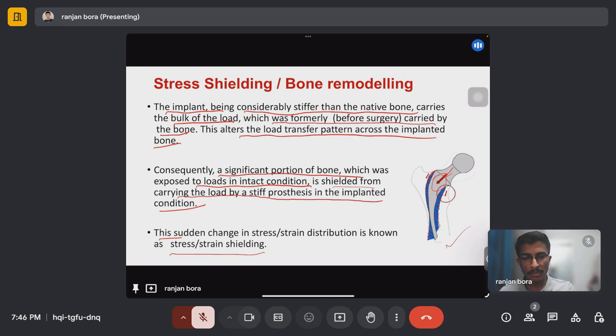If we don't apply any load to our bones, they remain inactive. And if the bones remain inactive, then bone resorption happens. Means there will be a reduction in density of bone here. So the surrounding bones become weak, and because of that there will be some implant loosening. Means this implant will not be properly fitted to the patient, so there is some difficulty after the surgery because of this stress shielding phenomenon.